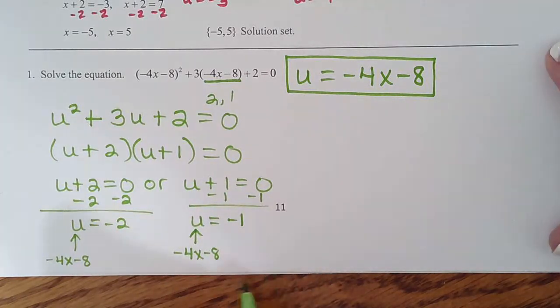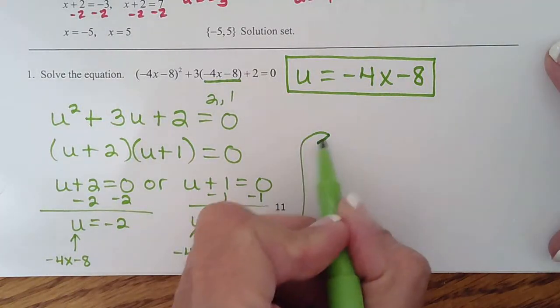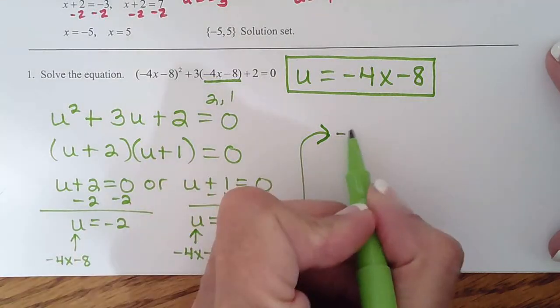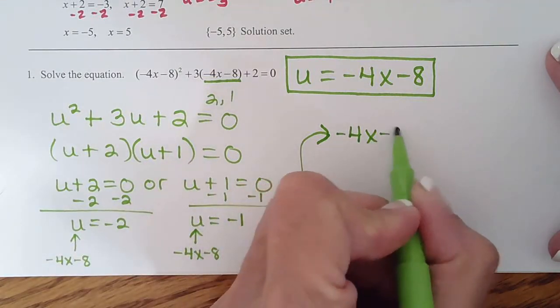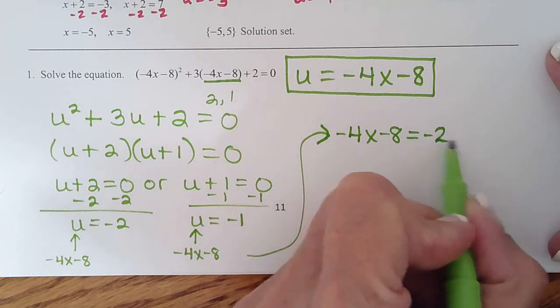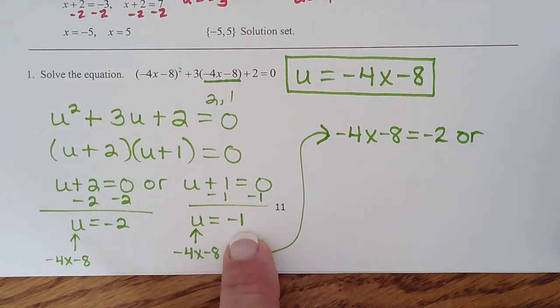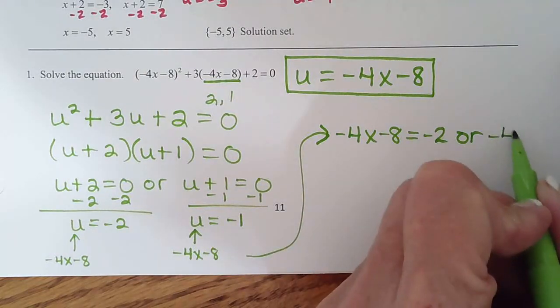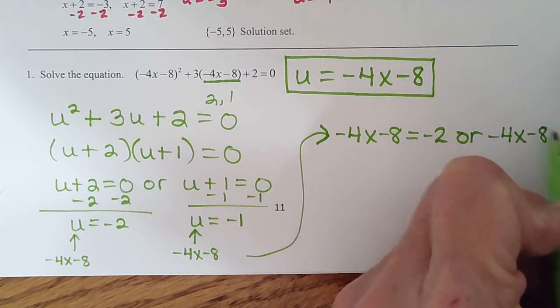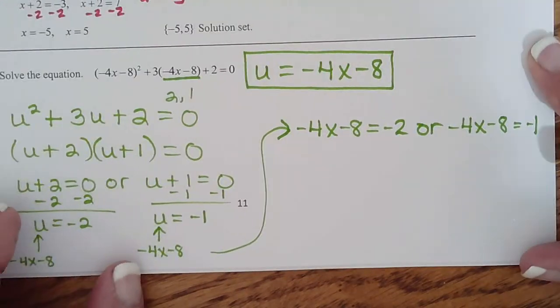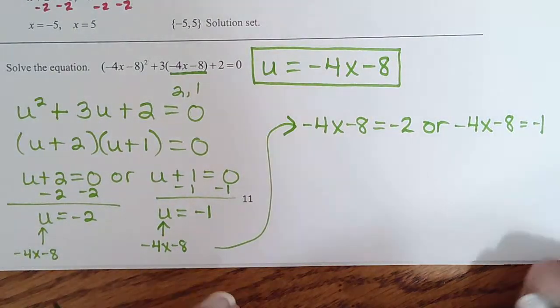So my two new equations are now going to be negative 4x minus 8 equals negative 2, or negative 4x minus 8 equals negative 1. So now that is where our two solutions are going to come from.